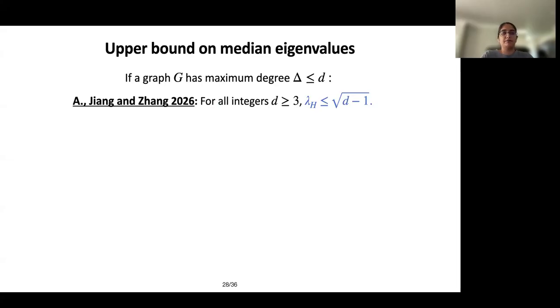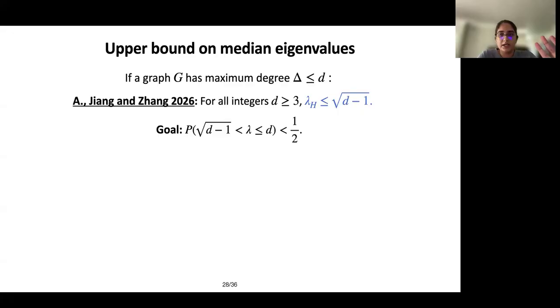So let me give you an idea based on the proof of the upper bound for the median eigenvalues. The upper bound basically says that every time you get a graph G whose maximum degree is bounded above by d, for all integers d greater than or equal to 3, your lambda_h is bounded above by square root of d minus 1.